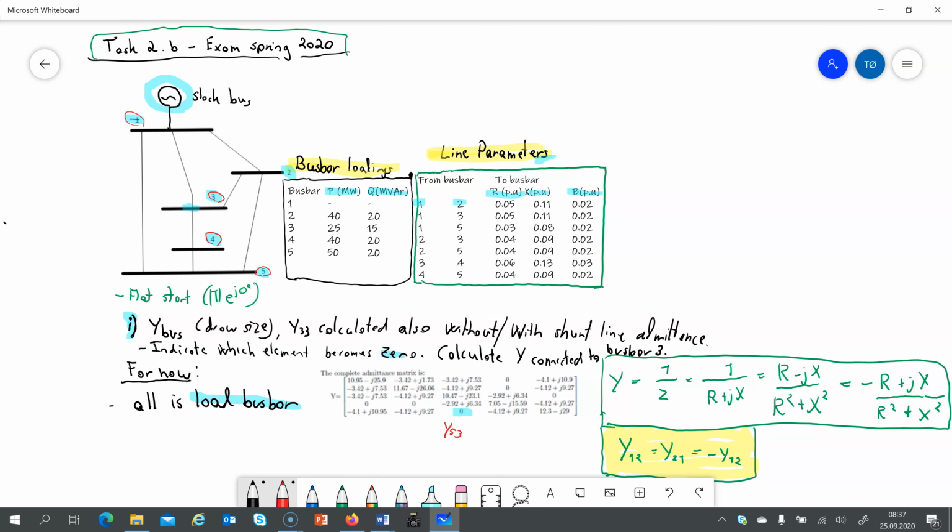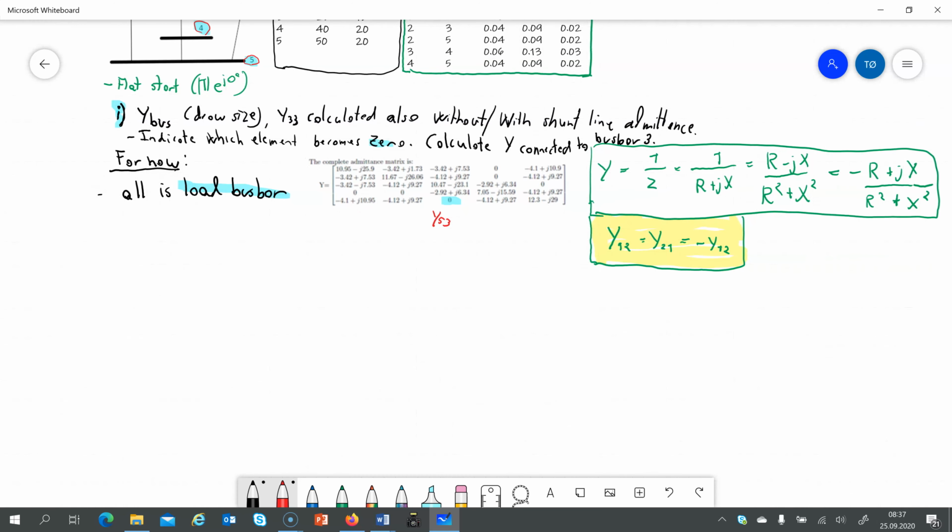Let's continue with some of the elements of the matrix. For example, if we calculate Y31, this is just 1 divided by the impedance z.